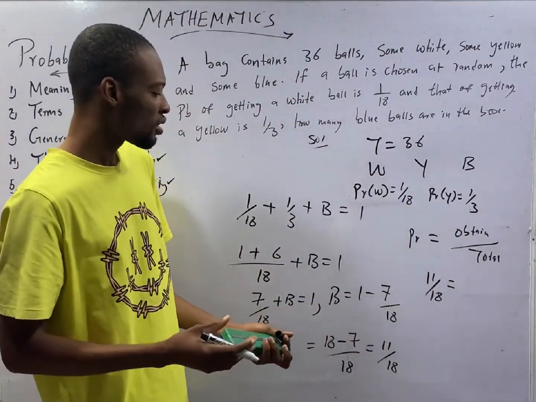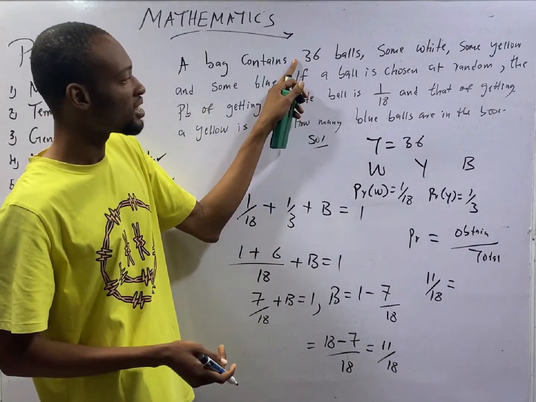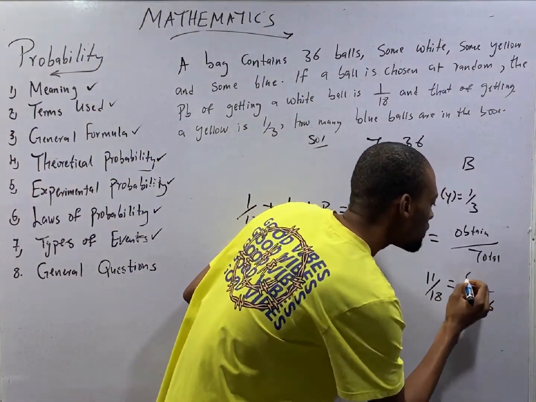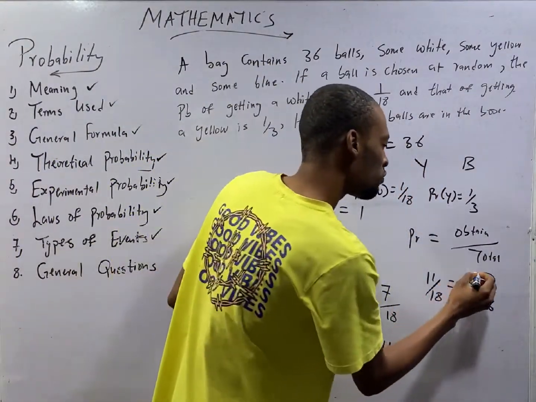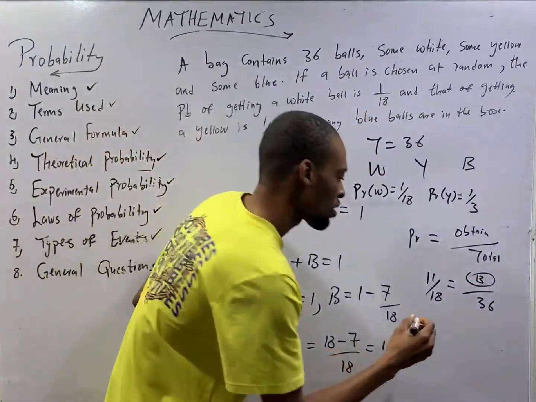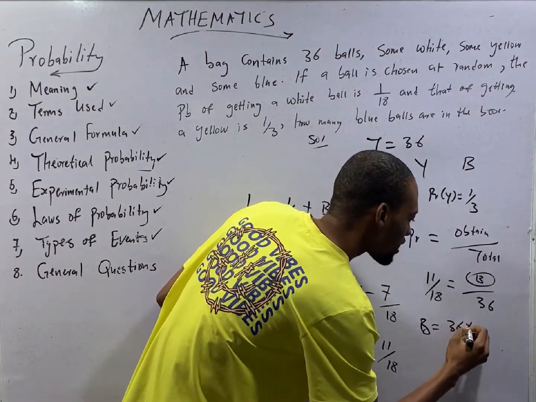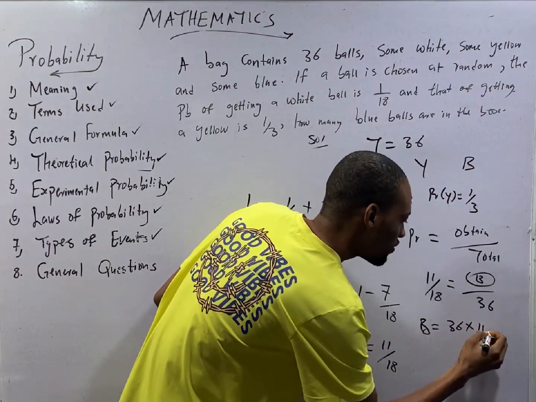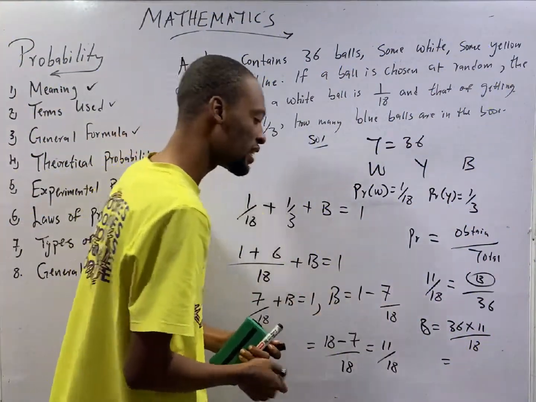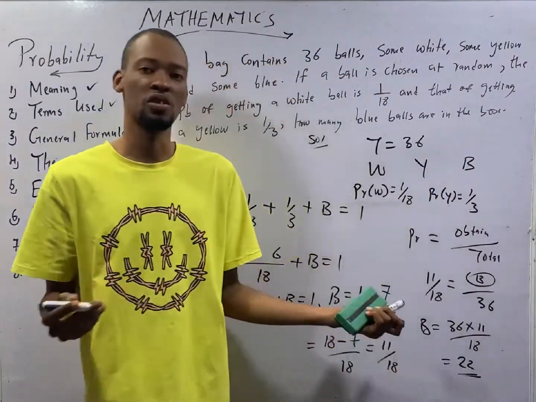We have the total number, that is 36. So over 36. Up here will simply be the number of blue balls. Cross multiplying, blue balls equals 36 times 11 over 18. 36 times 11 over 18 equals 22. So the number of blue balls is 22.